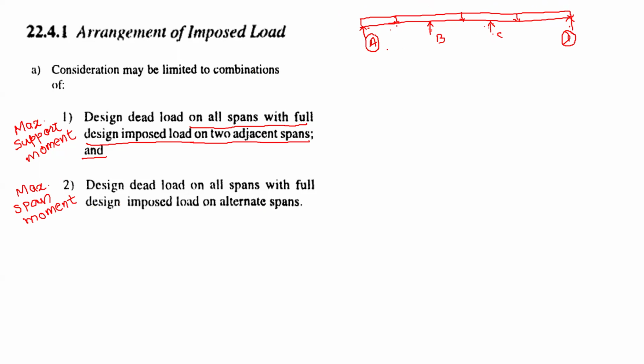Automatically the condition for CD is also satisfied, because they have mentioned alternate spans. So AB and CD both get maximum span moment. The alternate spans maximum span moment condition is satisfied by this.